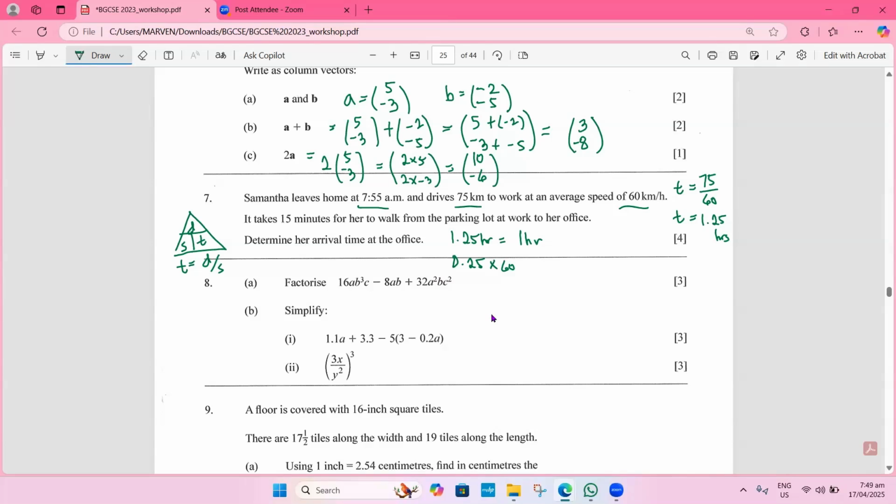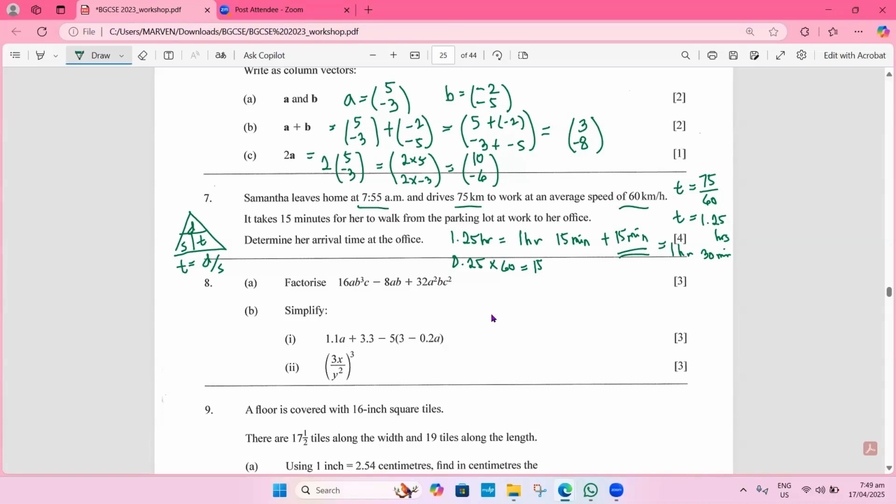So 0.25 times 60 will give you 15 minutes. So this is actually 1 hour and 15 minutes. And then the walk from the parking lot to the office takes 15 minutes. So that's the additional 15 minutes here. So the total time is 1 hour and 30 minutes.